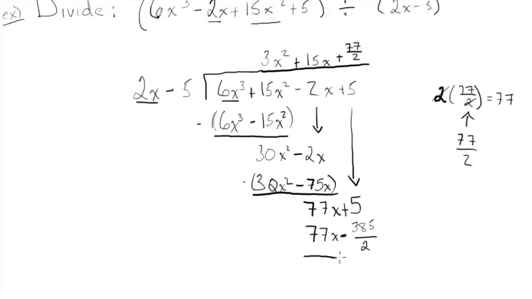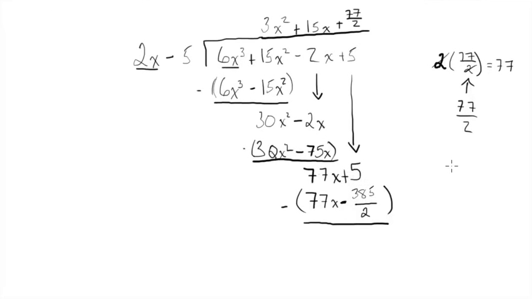And now you're going to have to subtract. And again, this is going to be a little bit trickier. So 77x minus 77x, that first term is nothing, it goes away. But now you have to do 5, I'm just going to do it off to the side, subtract negative 385 over 2. So that would be like plus 385 over 2.